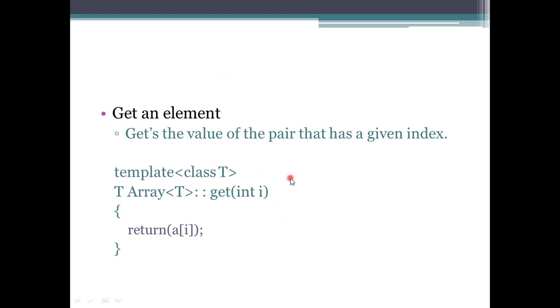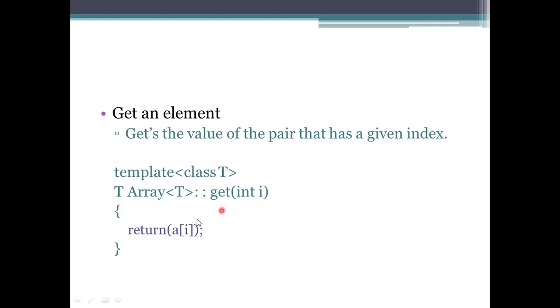Getting an element means how you can get the element from an index: you can specify the index there. If not, you can just write a for loop, specifying how many elements you want to access, not all the elements. Here we need to pass a parameter, and the parameter should be the index value.